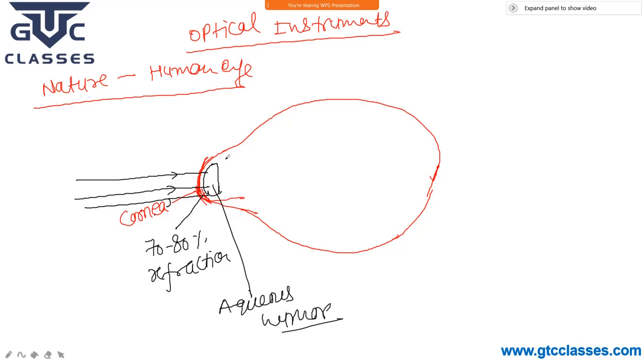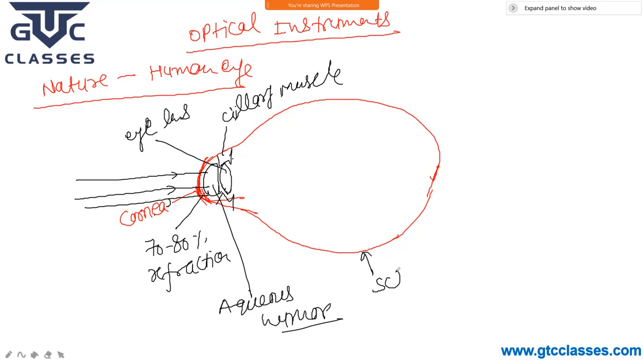And then here we have a fantastic convex lens, which is connected by the ciliary muscle on both sides. So this is our eye lens, and here we have the ciliary muscle. First I will draw the figure and then we will discuss the function of everything. This layer we call sclera.